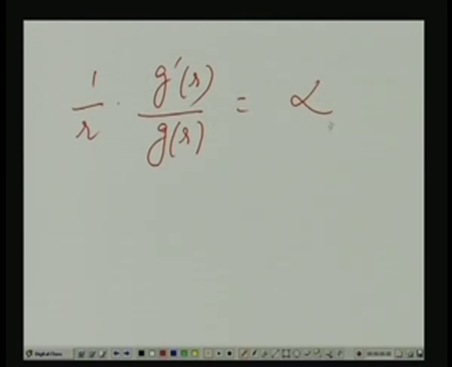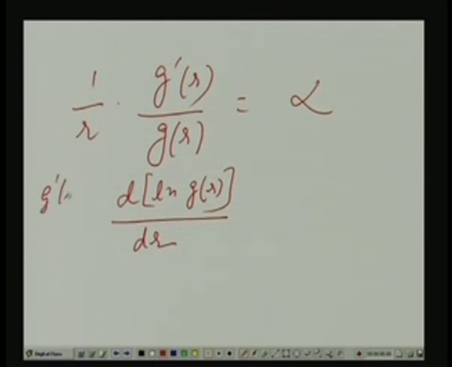That means g prime r by g r equal to alpha r. g prime r by g r can be written as d by dr of ln g r, and this from our definition is alpha r.